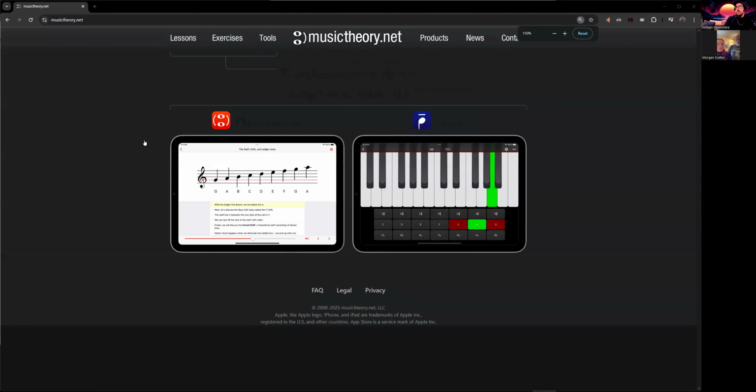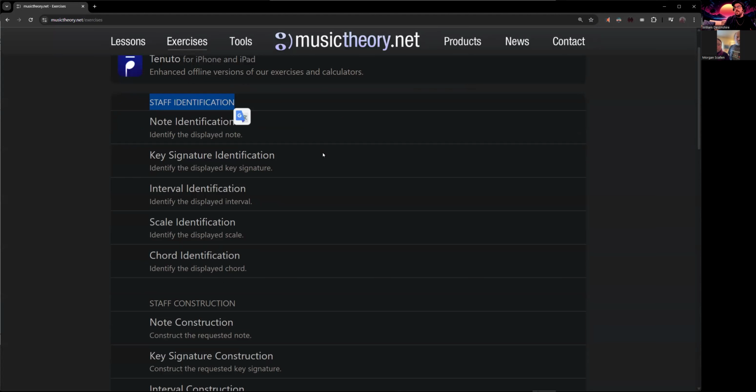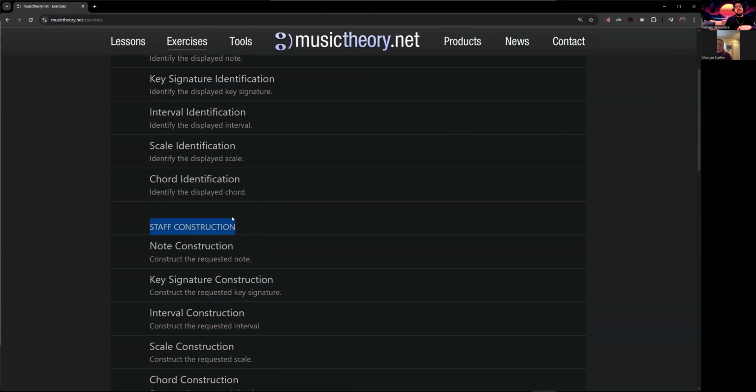If you go to musictheory.net and click exercises, they have staff identification, staff construction, which is the reverse of staff identification. In identification, they show you the note and you have to tell them what it is, whereas in construction, they say the note and you have to put it into the correct spot.